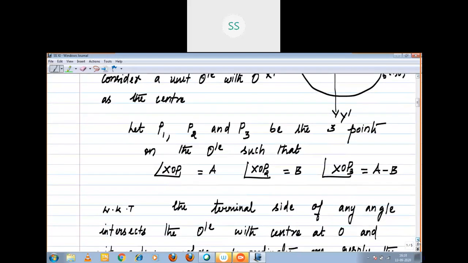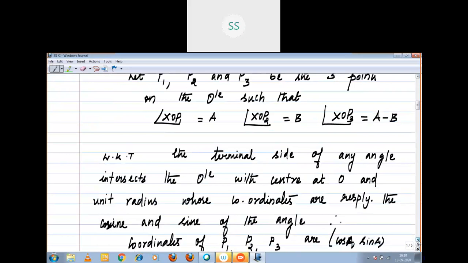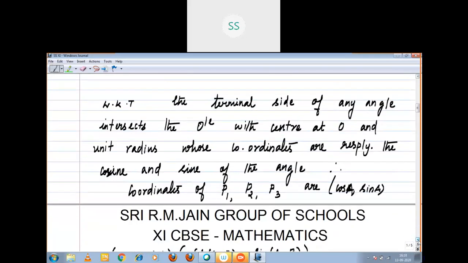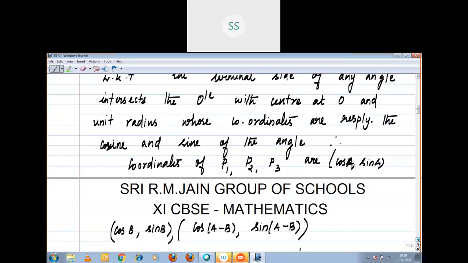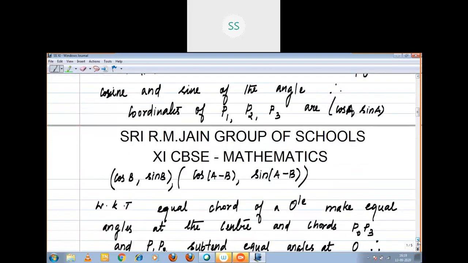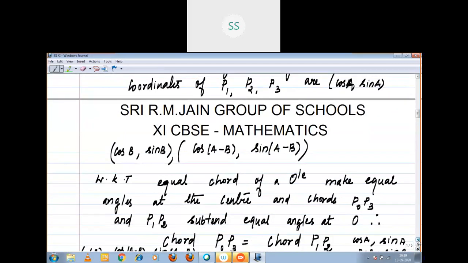Now, whenever you are taking the coordinate axes in trigonometry, I represent angle XOP1 equal to A, XOP2 equal to B, XOP3 equal to A minus B. The terminal side of any angle intersects the circle with center at O and unit radius at a point whose coordinates are cosine and sine of the angle.